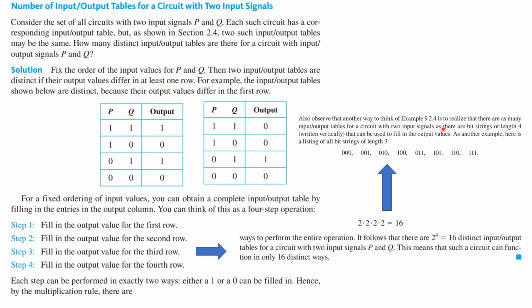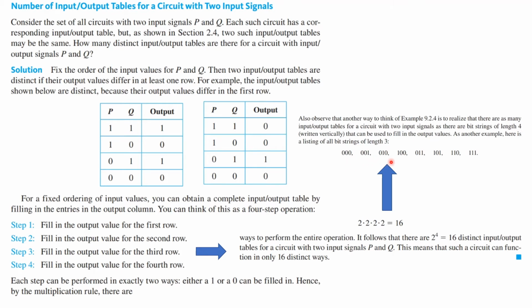Also observe that another way to think of this example is to realize that there are as many input-output tables for a circuit with 2 inputs as there are bit strings of length 4, written vertically. Those are vertical, and here we're writing horizontally. And so another example, I guess I should say: here is a listing of all bit strings of length 3.